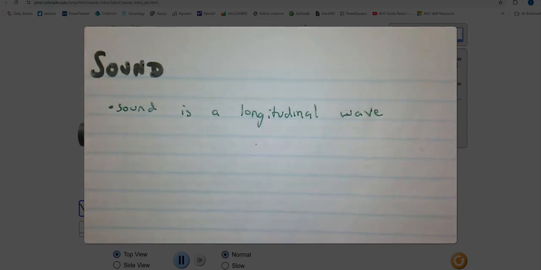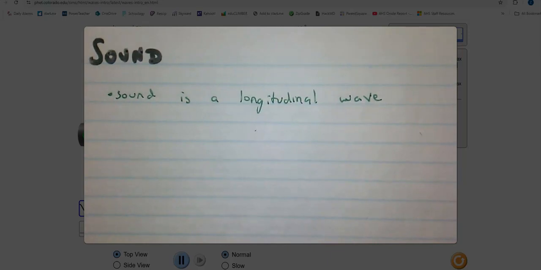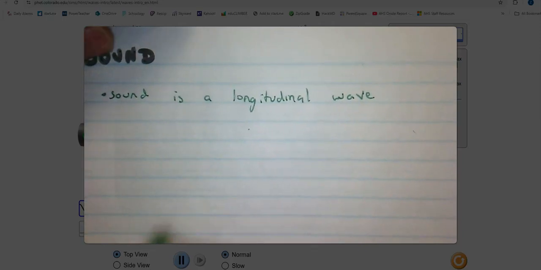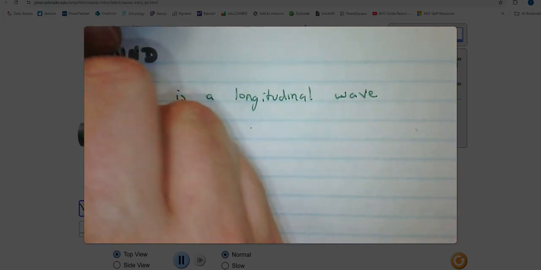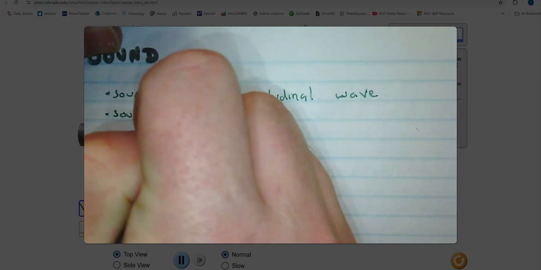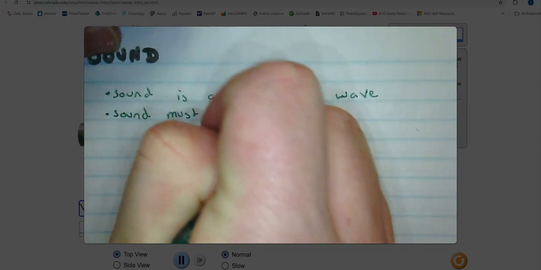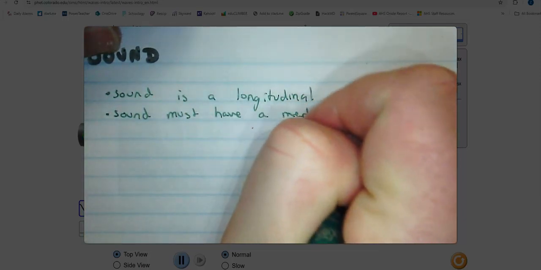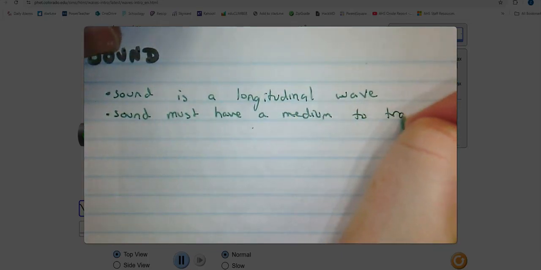All right, so sound is a longitudinal wave, and since it's a longitudinal wave, you have to have something to vibrate, right? So sound is going to be something that must have a medium to travel. So sound must have a medium to travel.